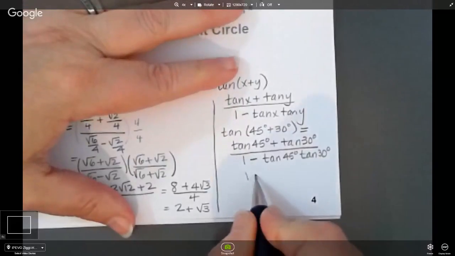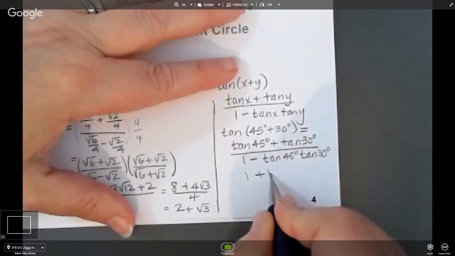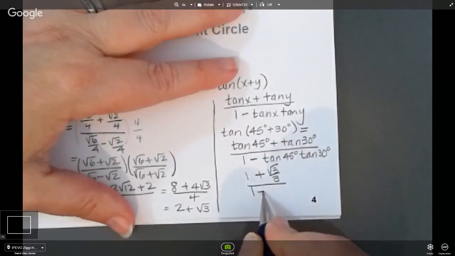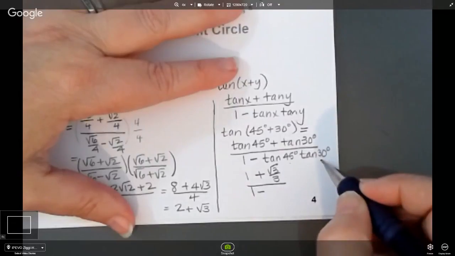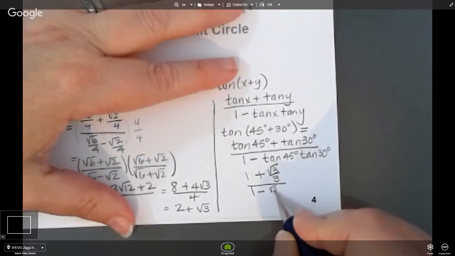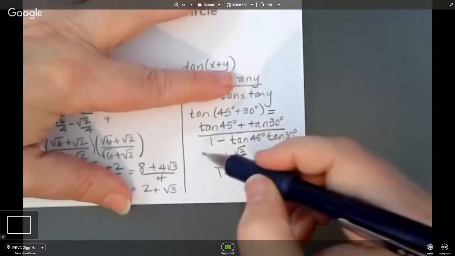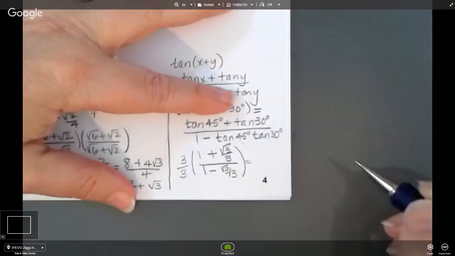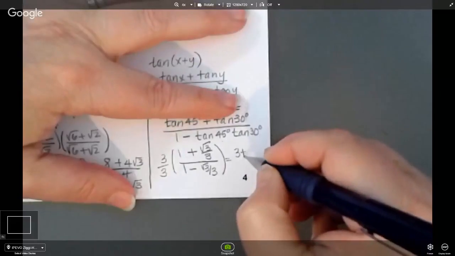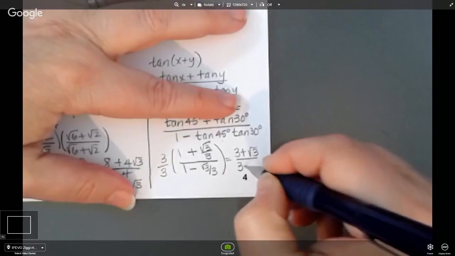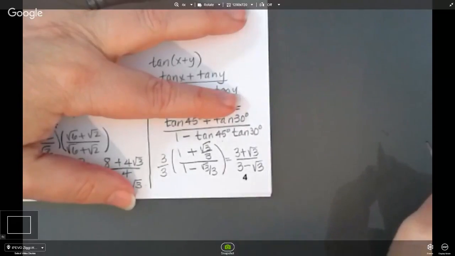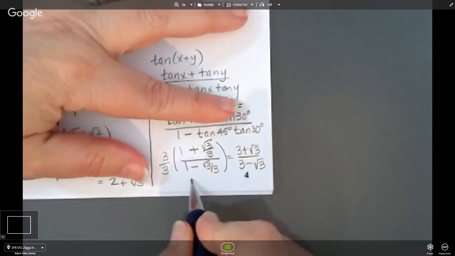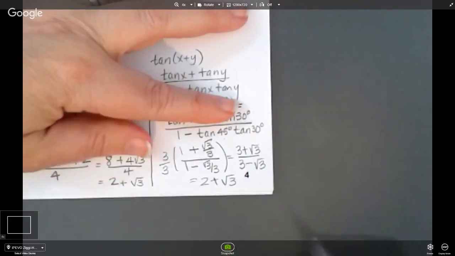And so this will be 1 plus, and this tangent of 30 is root 3 over 3. And then we get 1 over 1 minus, and tangent of 45 is 1, tangent of 30 is root 3 over 3. All right, and I'm going to just eliminate the double-decker fraction by multiplying by 3 over 3. And this is going to equal 3 plus root 3 over 3 minus root 3. And then we can rationalize that, and that will, I promise, yield 2 plus root 3 when you rationalize it.